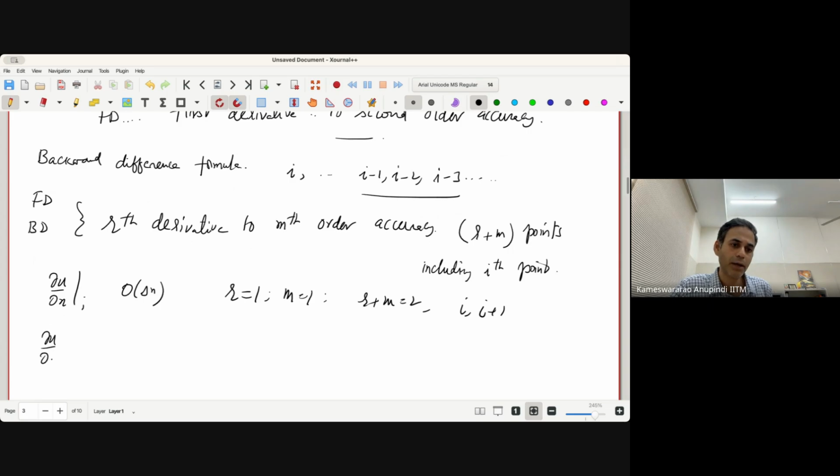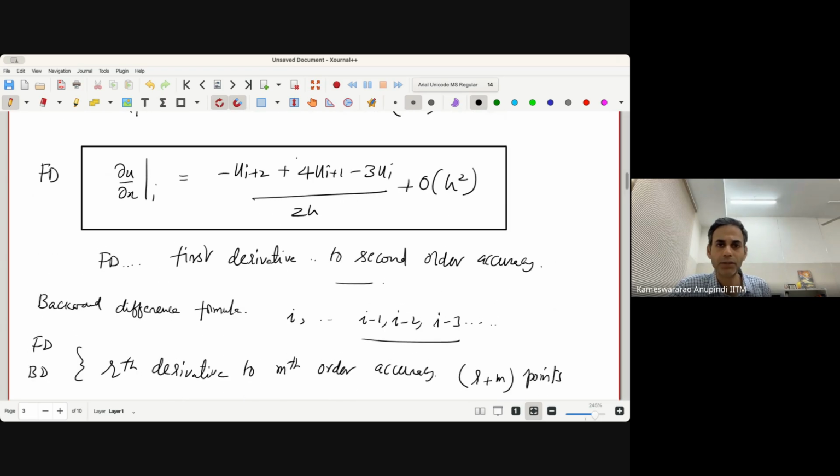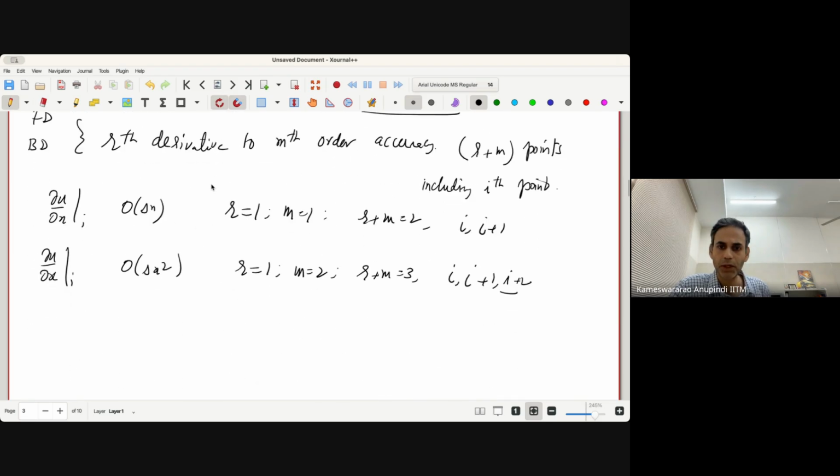Similarly, when we wanted to calculate dou u by dou x at i to second order accuracy, we have r equals 1, m equals 2. We used 3 points. That means we ended up with i plus 1 and i plus 2, as in this formula. Okay, fine.